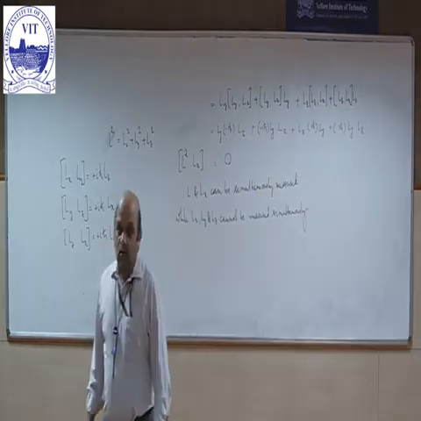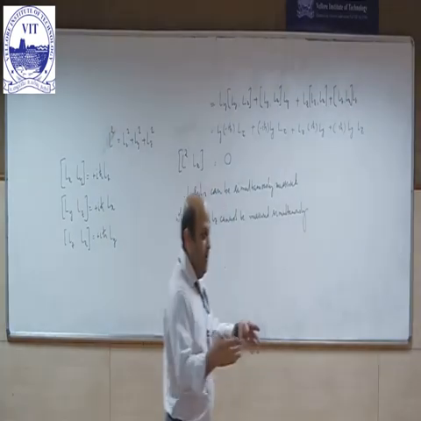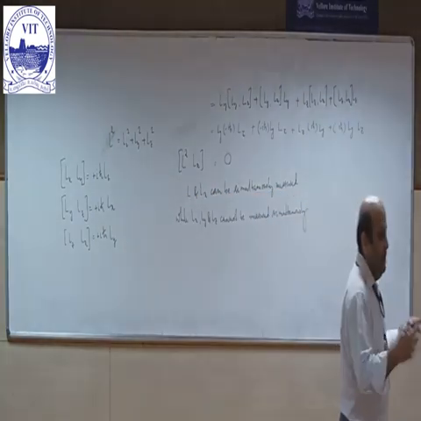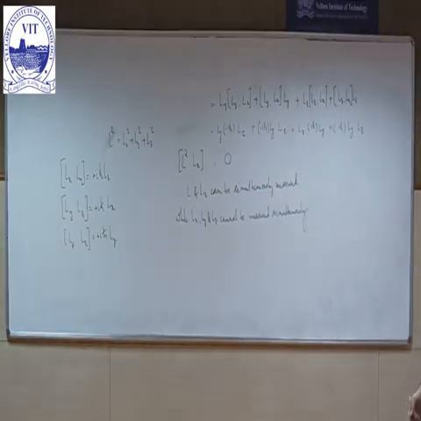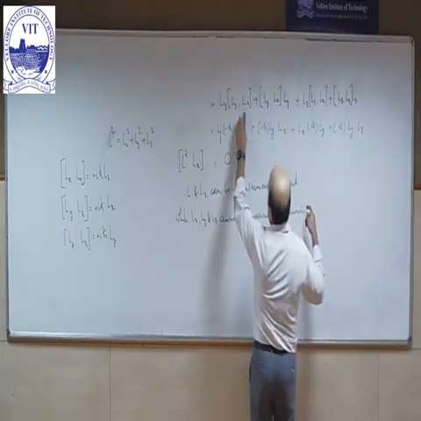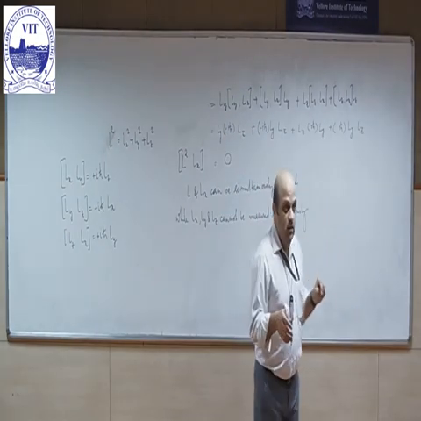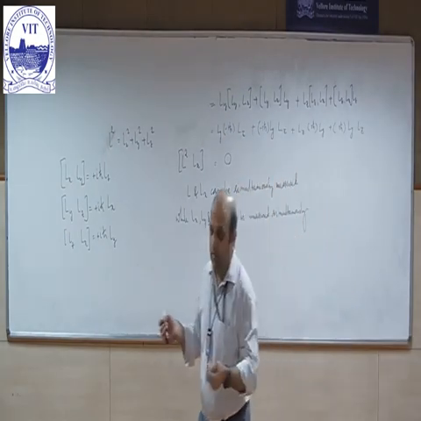So that means in any experiment, you cannot intend to do the experiment in such a way that I want to know Lx, Ly, and Lz only, because the experiment will not give you that.